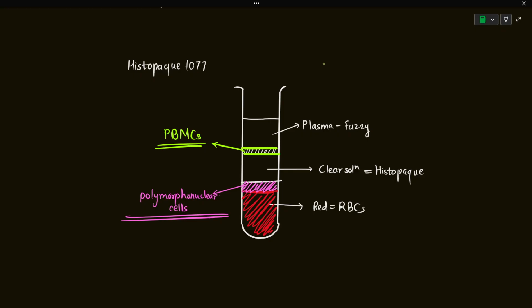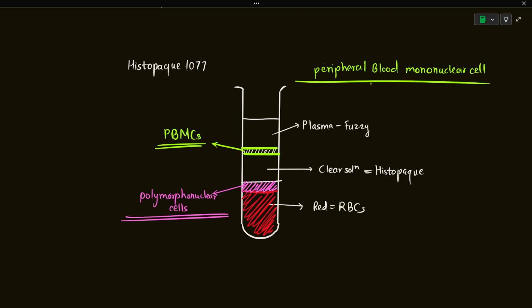So those PBMCs are the pool of cells which has the lymphocytes. The major constituents of PBMC are the lymphocytes. In these PBMCs belong the agranulocytes. PBMC stands for peripheral blood mononuclear cells, because they have a single nucleus.